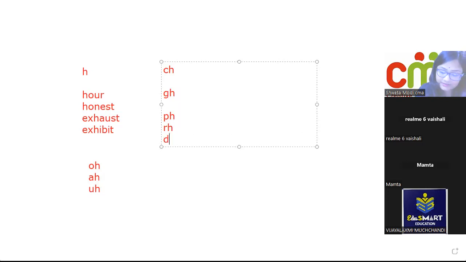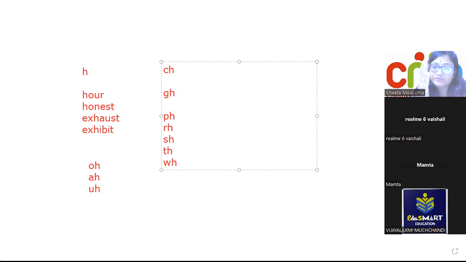With S, it makes S give the sh sound. With T, it will have two sounds, voiced and unvoiced. With W, it will become silent. So H, we call it a game changer. When it comes with all these consonants, it changes the sound.